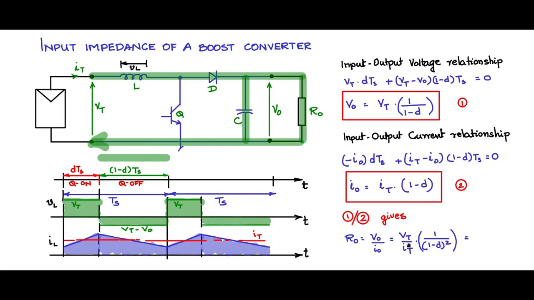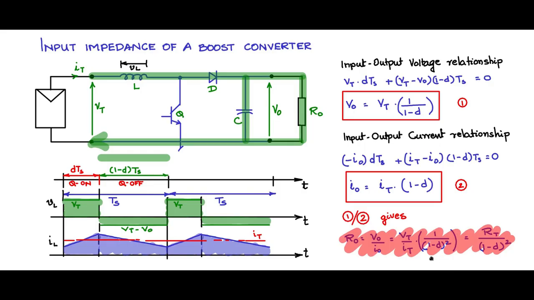Vt by It is nothing but RT as seen from the PV panel side. So I will put it as R naught equals RT by (1 minus d) whole square. This is the crucial relationship that we would like to use for maximum power point tracking.